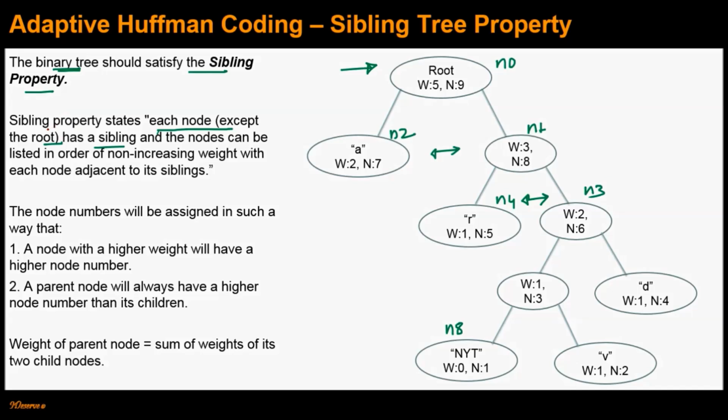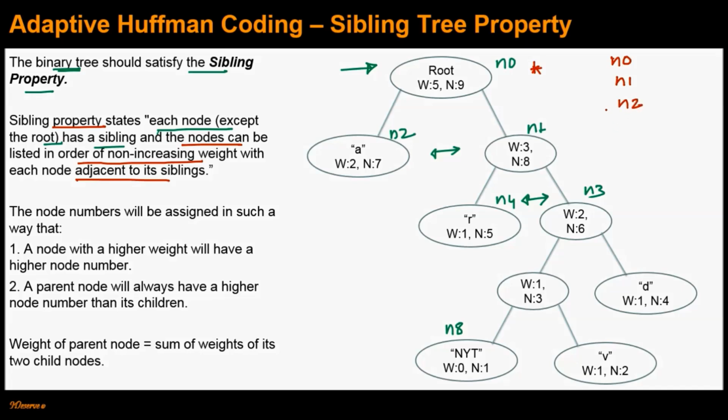The second condition of the sibling property is that the nodes can be listed in order of non-increasing weight with each node adjacent to its siblings. So, for this particular tree, I list the nodes starting from node N0, then N1, N2.